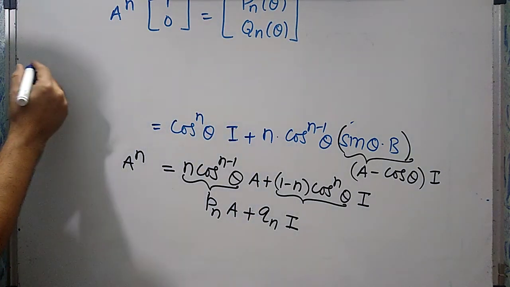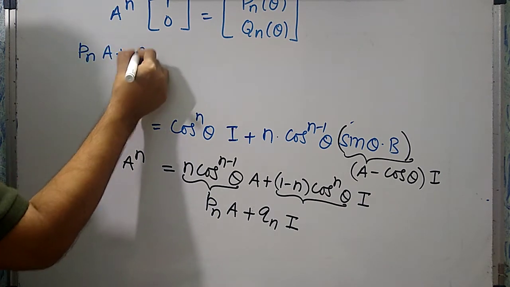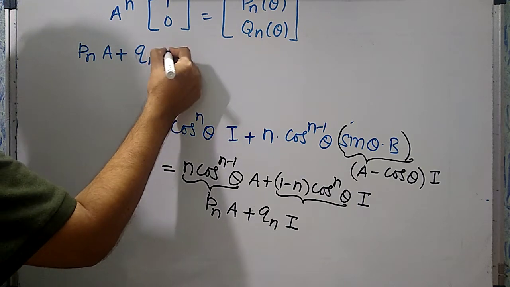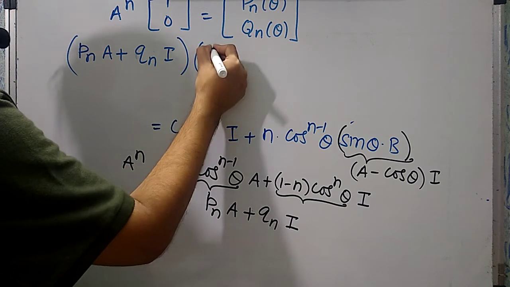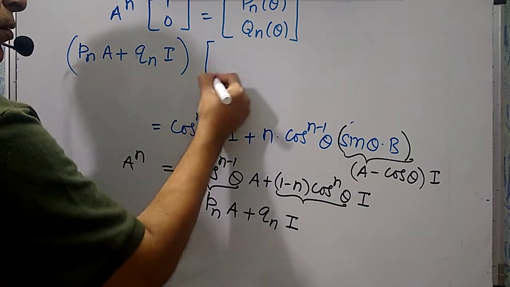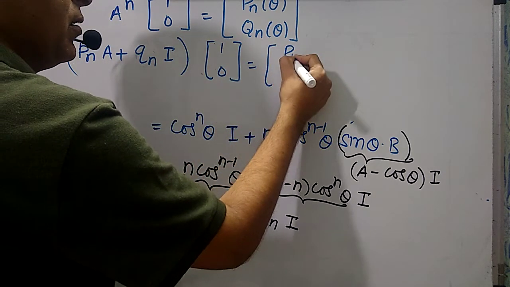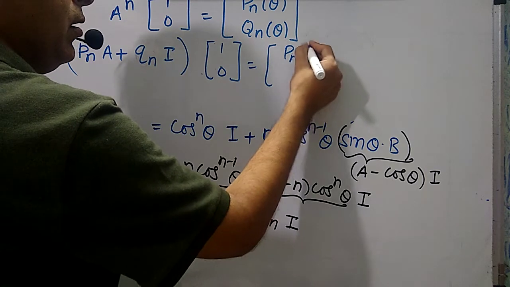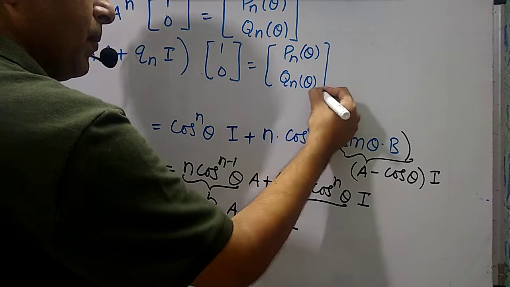So A to the power n is basically pn times A + small qn times I, and this is multiplied by matrix [1; 0], and this is equal to matrix [Pn(theta); Qn(theta)].